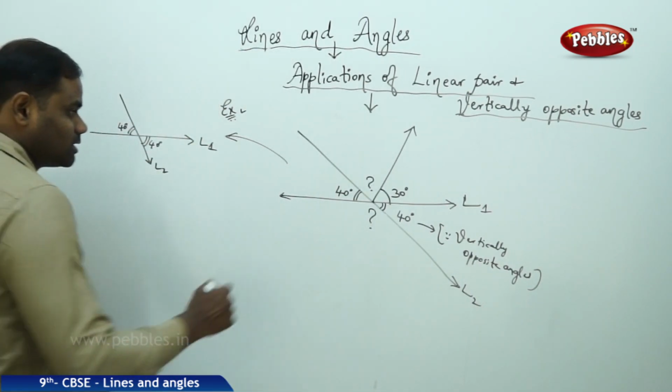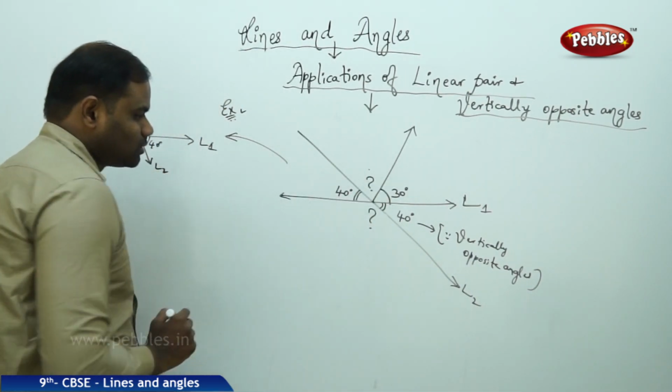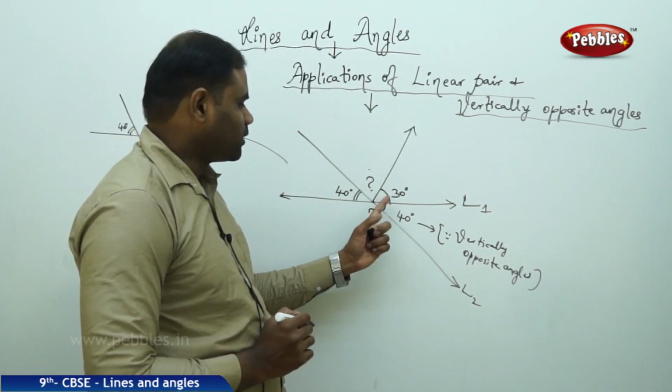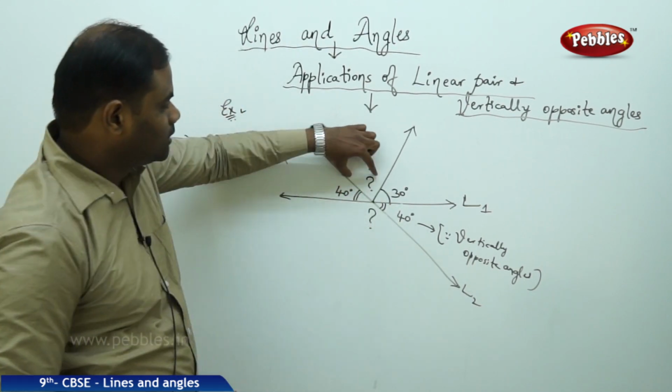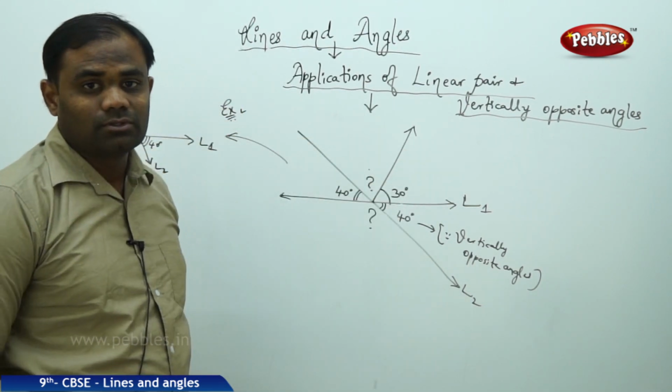Now let's come to this angle. We know that L2 is a straight line, and therefore in a straight line, the sum of this angle plus this angle plus this angle must be equal to 180.